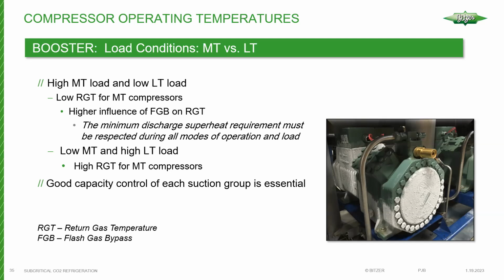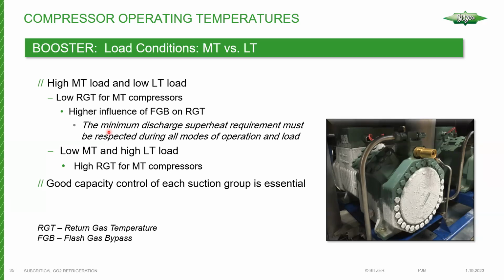And fortunately, a lot of systems that run in booster mode like this have a fairly balanced low temp, medium temp, which varies based on ambient, customers in the store and that sort of thing. But of course, there can be variations. So this is one of the things that we can run into when you have a high medium temp load and low temp load.